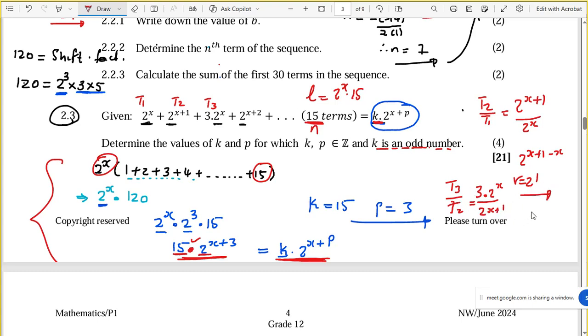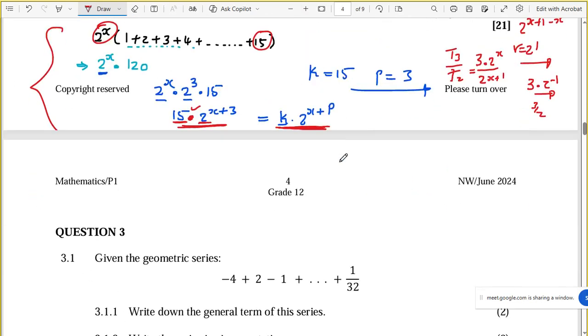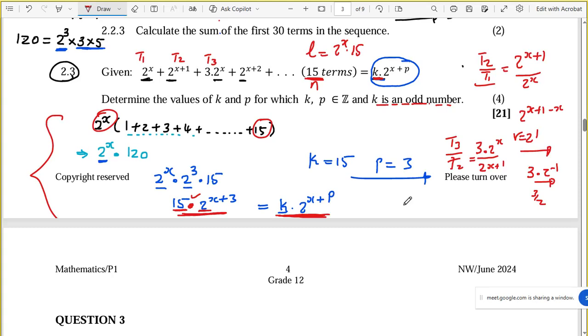So this is 3 over 2, which is not equal to that. I hope you understand. So this is not geometric. So the last option is arithmetic, and we will definitely prove that. Let's work on this here.